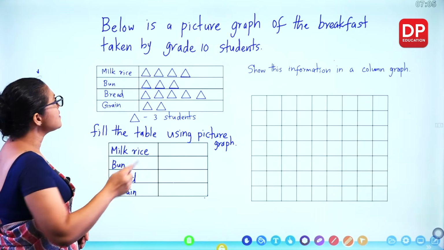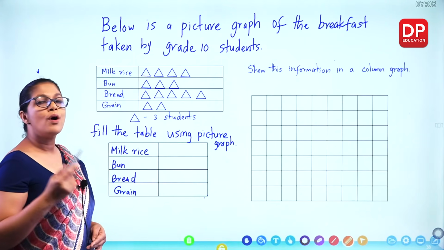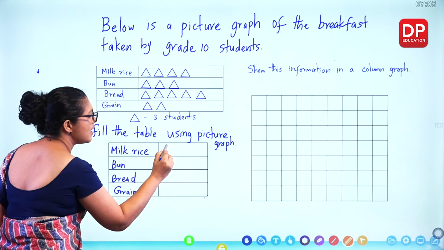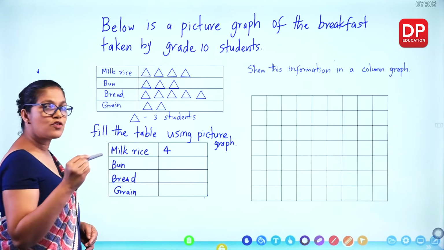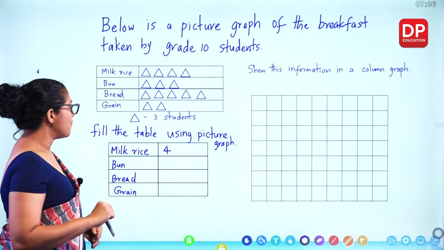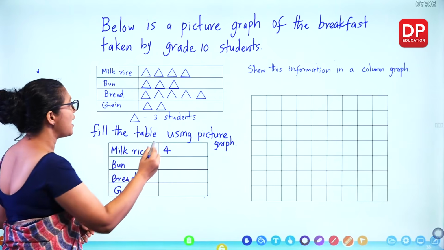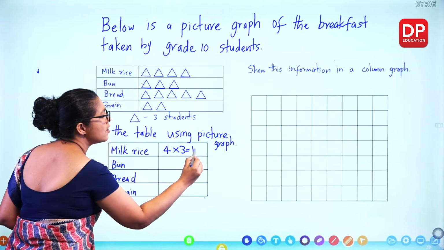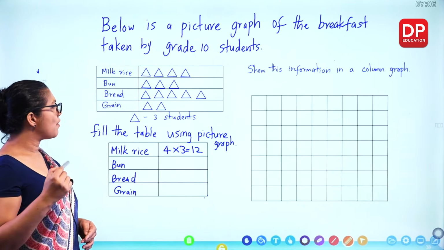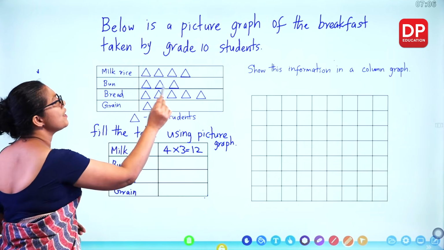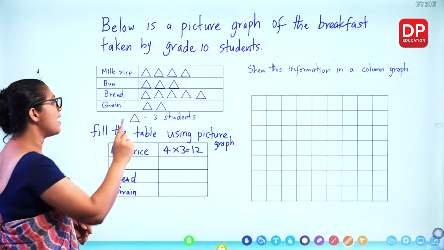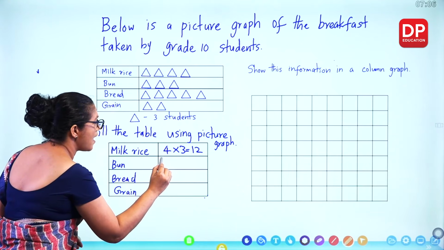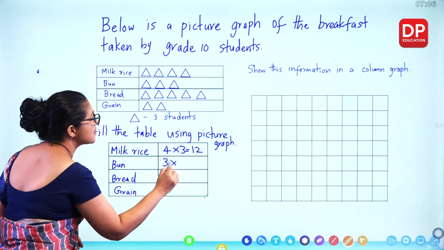For milk rice, there are 4 triangles. One triangle represents 3. So here we can find out how many students have eaten milk rice by 4 times 3. So what's the value? You get 12. What about buns? So 3 triangles are there. So 1 is 3 students. So you can write 3 times 3.